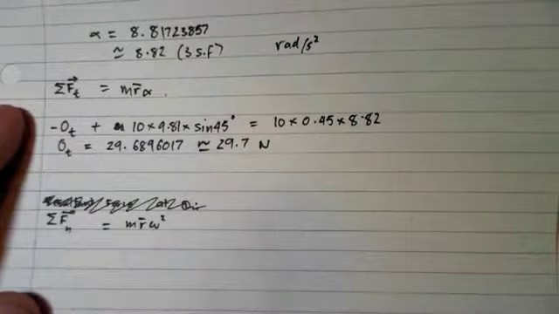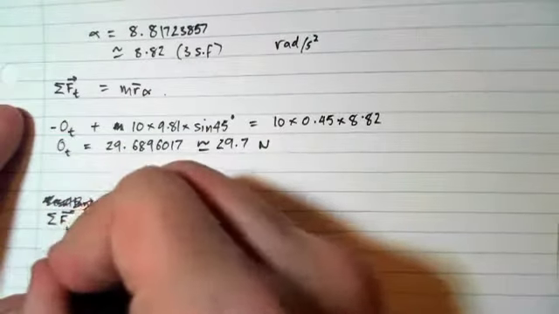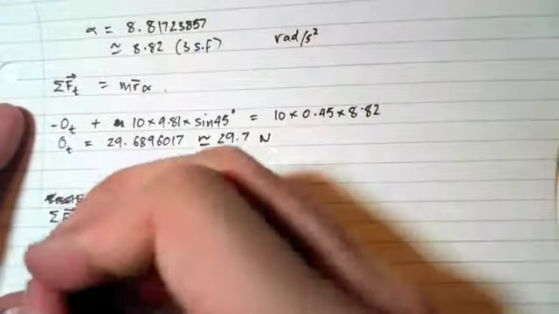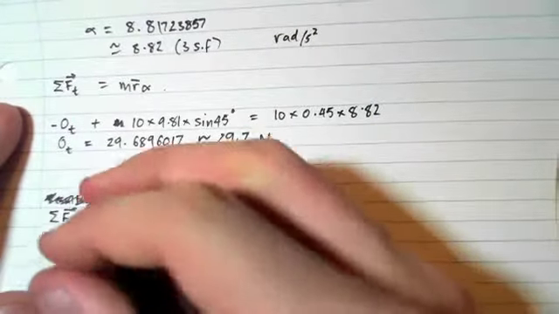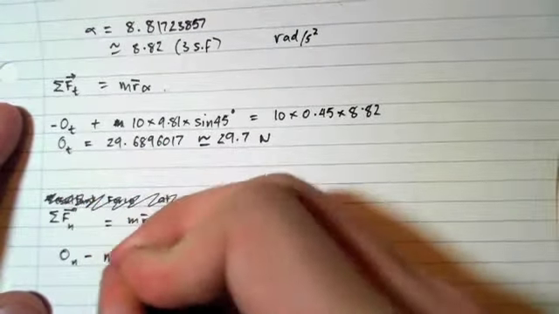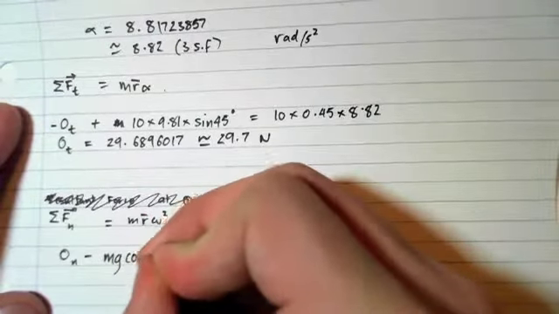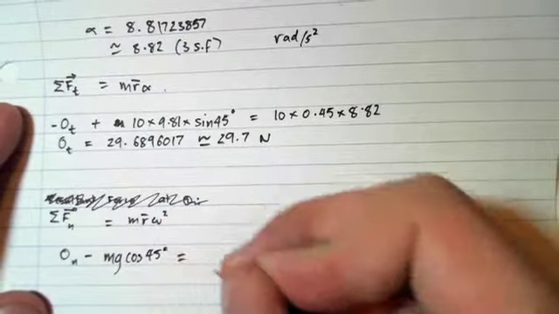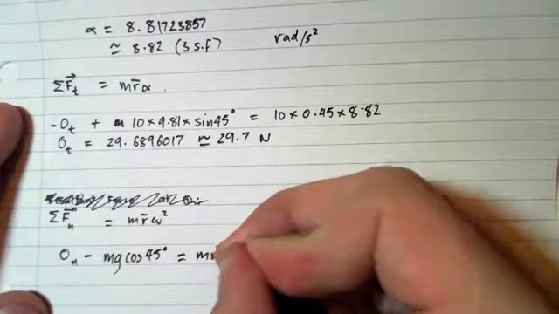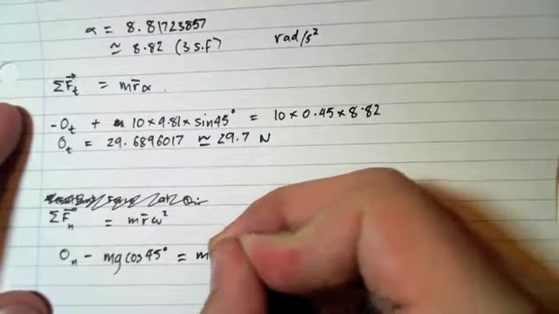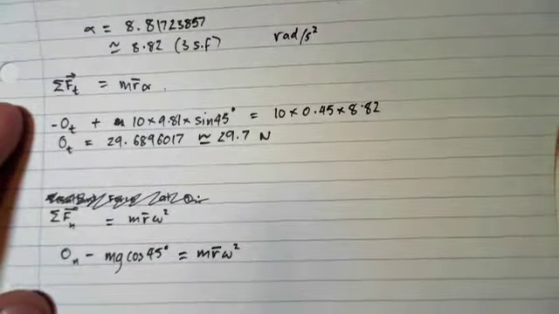So normal component of force minus mg cosine 45 degrees is equal to m r omega squared, and that's the radius to the center of mass again.